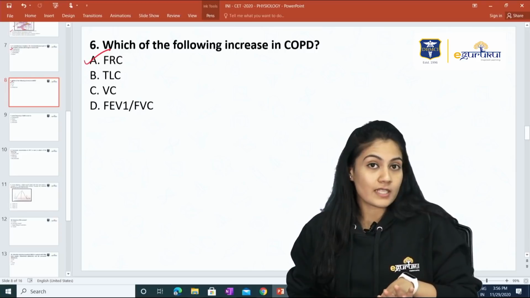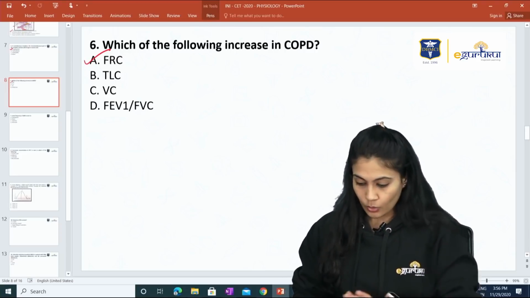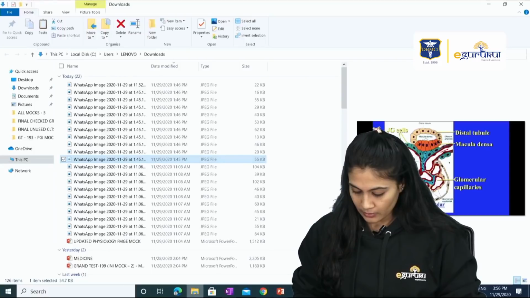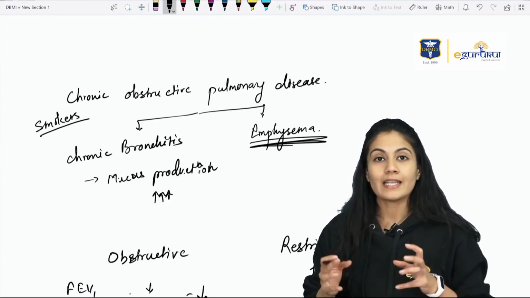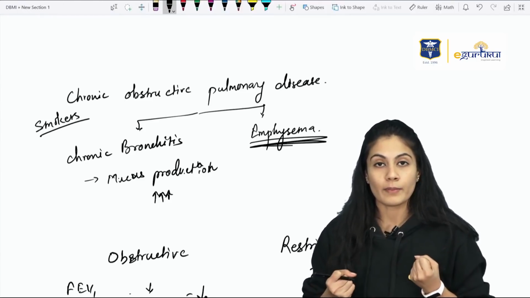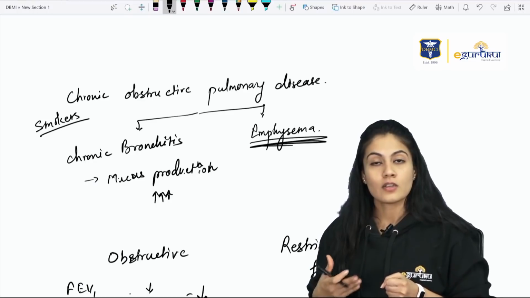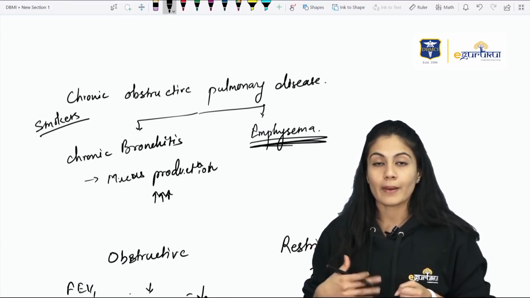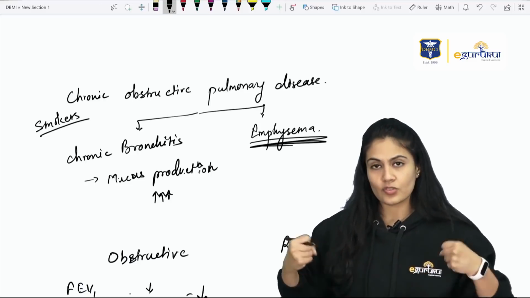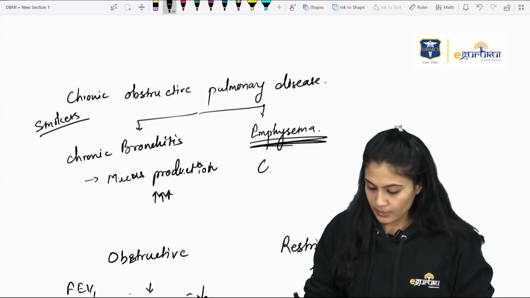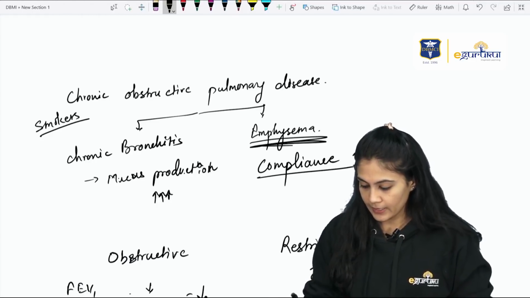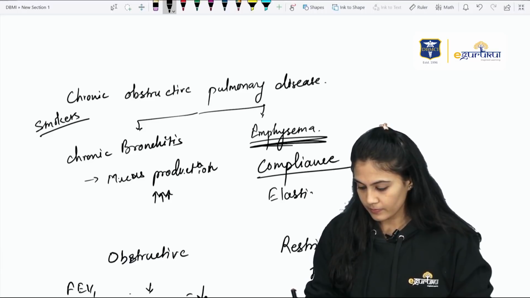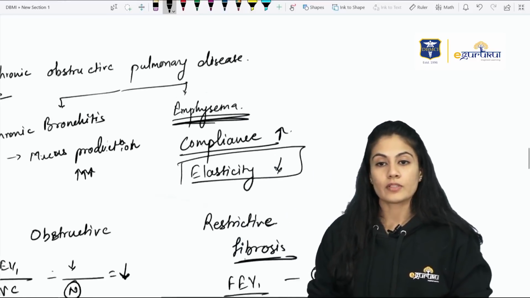COPD also contains emphysema. In emphysema there is much elastase, so the elastin fibers are broken down. The parenchyma is easily stretched, so the compliance is increased and the elasticity is decreased due to loss of elastin fibers.